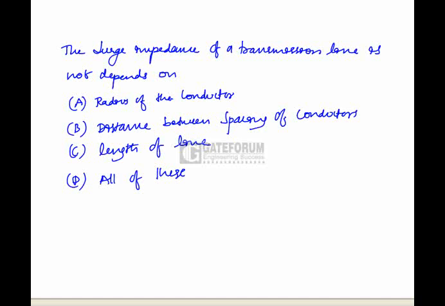Surge impedance of a transmission line does not depend on... this is very important, does not depend on. Now what is surge impedance? Let us take it as ZS. Suppose he has not given whether it is an ideal transmission line or a practical transmission line. So we have to take it as a practical transmission line.